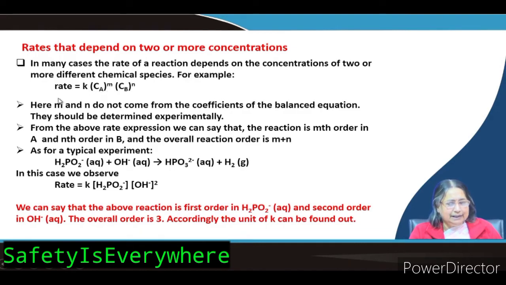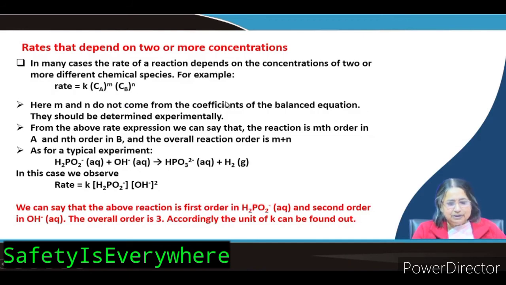You have to remember that m and n do not come from the coefficients of the balanced equation. It is not like m A plus n B giving product. It may happen like that, but it is not necessarily so. They should be determined experimentally.